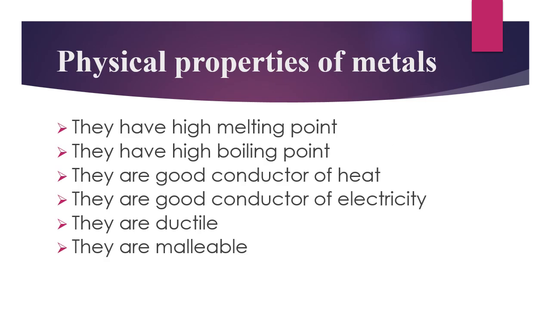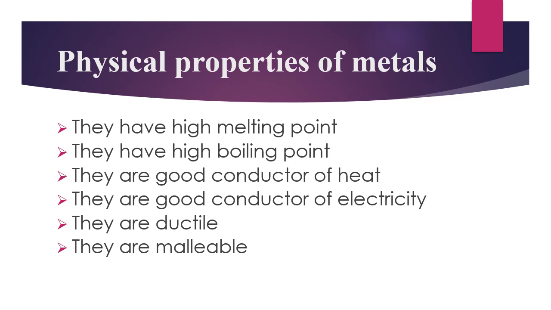Here we have the different physical properties of metals. Metals have high melting point. They have high boiling point. They are good conductors of heat. They are also good conductors of electricity because they have free electrons. Metals are ductile.